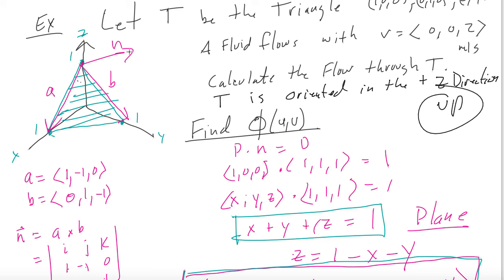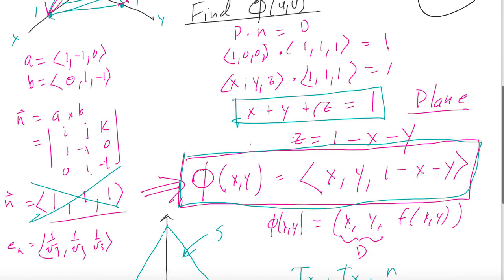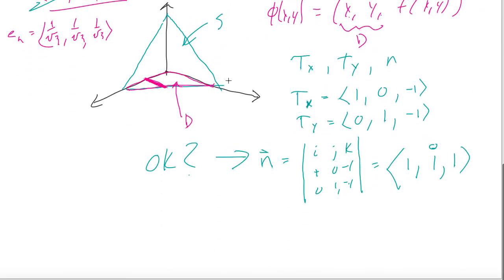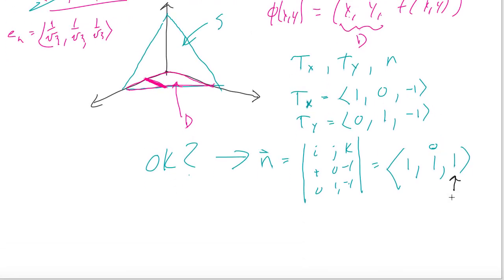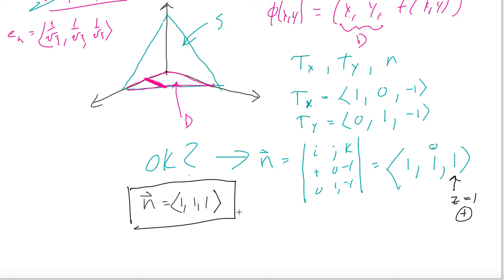So coming up through the top surface is positive, down through that surface would be negative. Because Z is a constant of 1, and it doesn't have to be, that is positive, so this is okay. So this is good to go, and we will use the vector 1, 1, 1. You have to check for this, because it's either going to be this or negative 1, negative 1, negative 1.